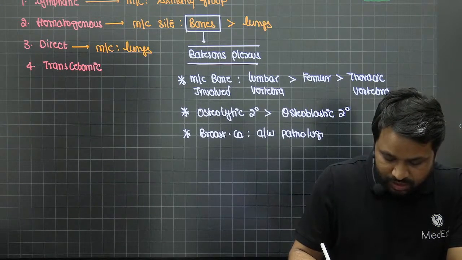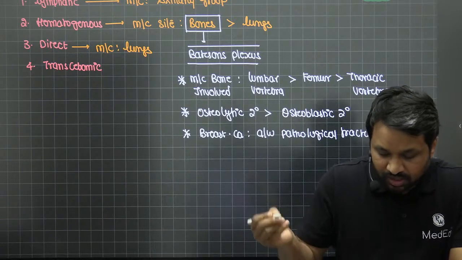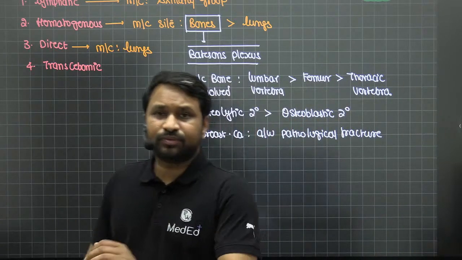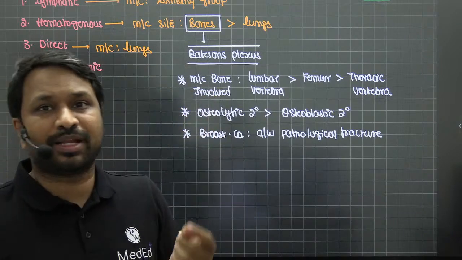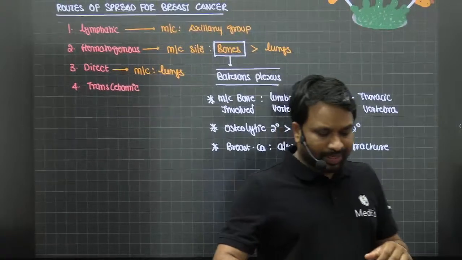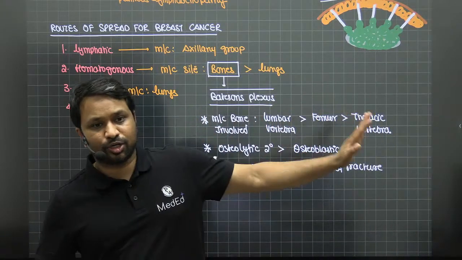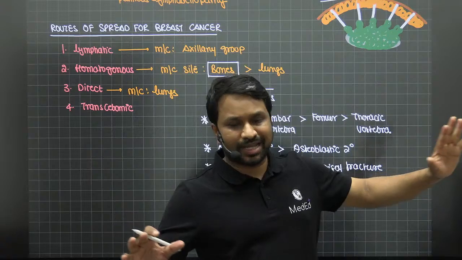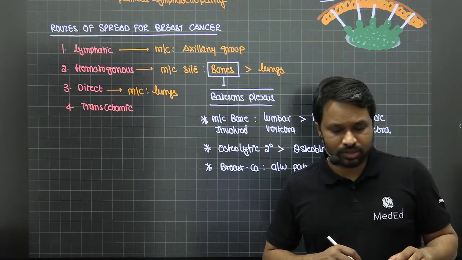A pathological fracture is a fracture without any trauma or with trivial trauma. That means an insignificant injury resulting in a long bone fracture indicates a pathological fracture. So all these are important contexts that you need to remember, to know how breast cancer is going to spread across.